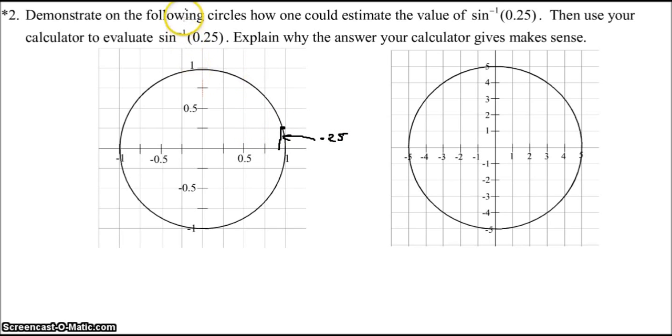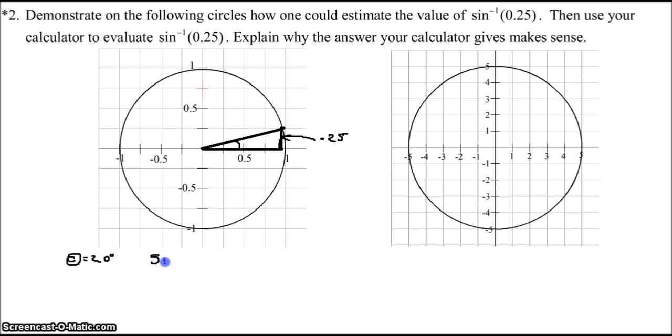So what we're looking for with the inverse sine function is the angle that results in that vertical distance. Well, to me, I'm looking at that angle theta here, and it looks like theta is about 20 degrees to me.